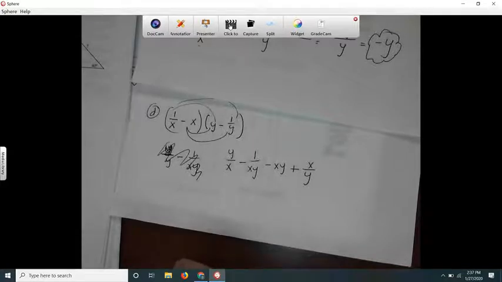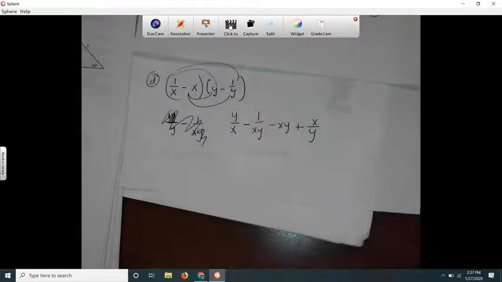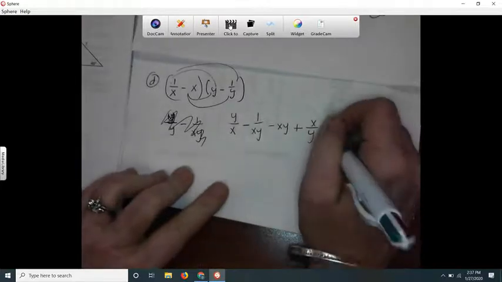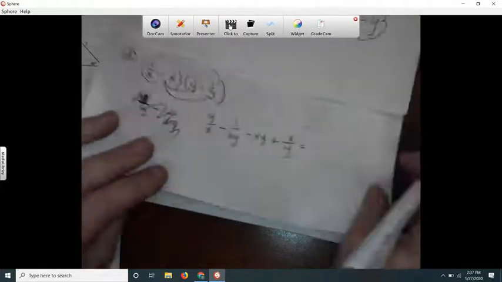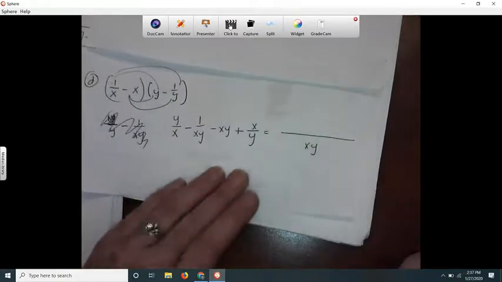Yeah, kind of. Now that I got this, I'm just going to do a common denominator of everything. My common denominator here is going to be x times y. So I'm going to multiply everything so that it has x times y as a common denominator.